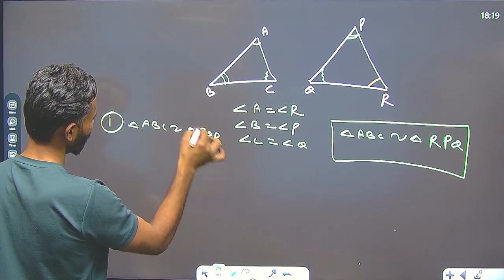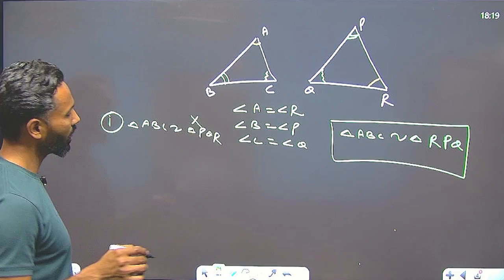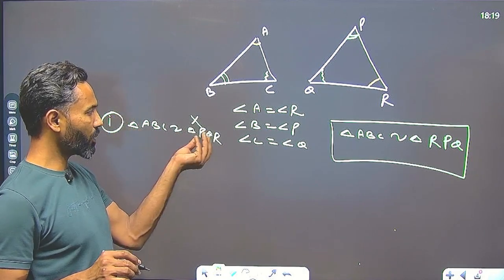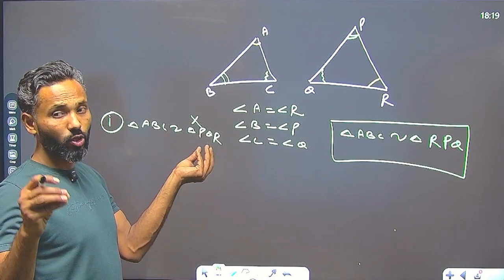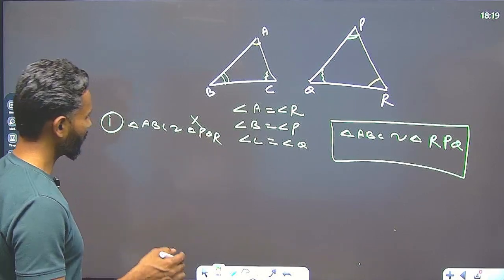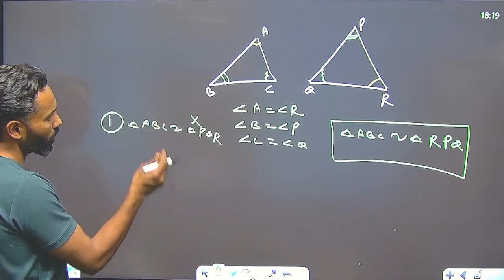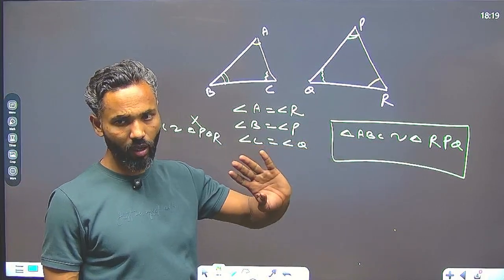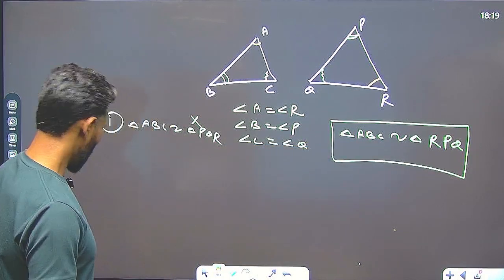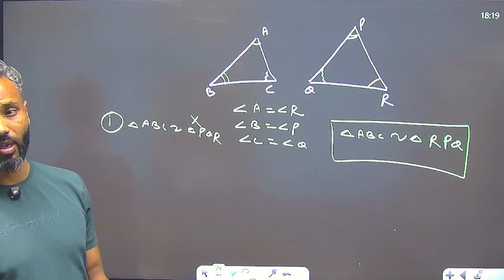This is not correct. Why not correct? Because here triangle PQR is not represented keeping the corresponding angles in mind. In the same way, four options will be provided, but this option will be the right one. Okay, understand that?